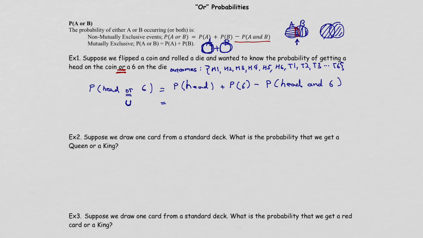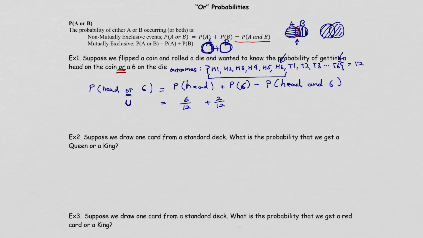So that's why it's 12 total outcomes. Getting a head is these 6, so 6 out of 12. And for the probability of getting a 6, you can get a 6 with the head or with the tail, so it will be 2 out of 12.